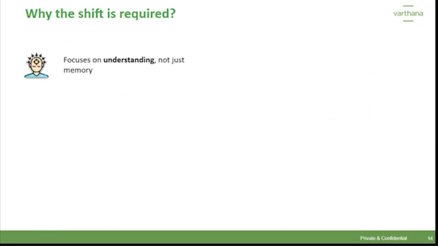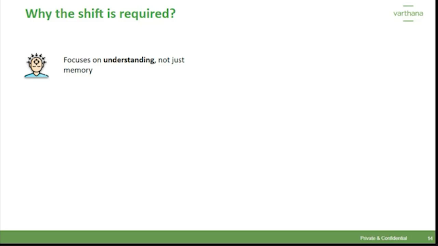We can say the importance of alternative assessment. We have also seen in Ria's case that traditional tests don't always give us the full picture. So moving to alternative assessment is crucial because it focuses on understanding, not just memory. It is not focusing on only one thing, one process.